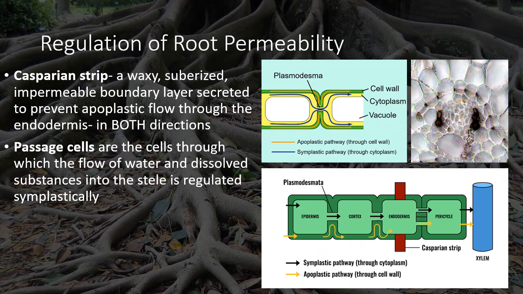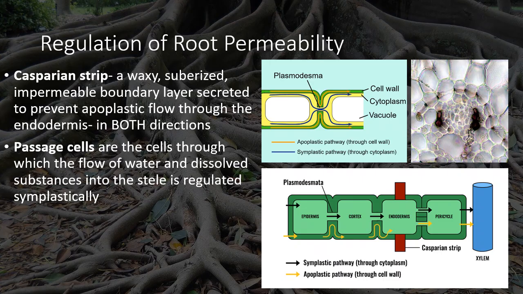It's why you can use pieces of cork bark to stop bottles of wine, and they don't leak, because of the suberin, this waxy substance. And basically, they're packing this suberin into the cell wall itself, and that stops apoplastic flow and forces any water or minerals or dissolved substances into the cytoplasm if they want to move into the center of the root, into the xylem.